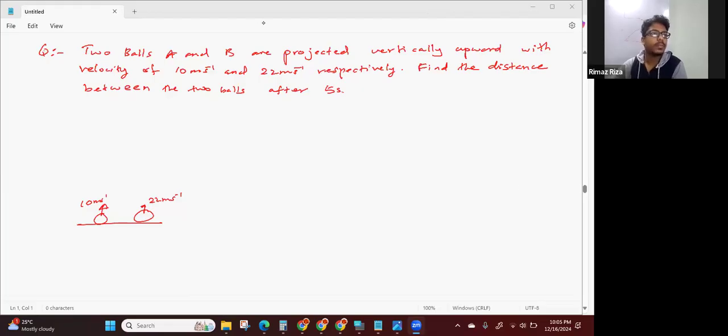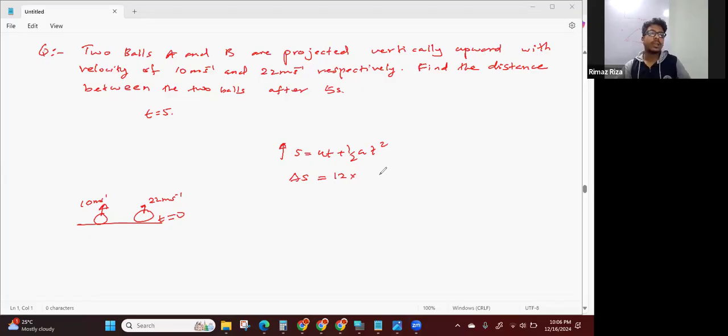So here we can simply apply vertically upward S equals ut plus half at square. Yeah, the answer is 60, good. So the relative displacement during this time, let's say t equals 0 to t equals 5, delta S: the relative initial velocity is 12 into time 5, plus half into relative acceleration.